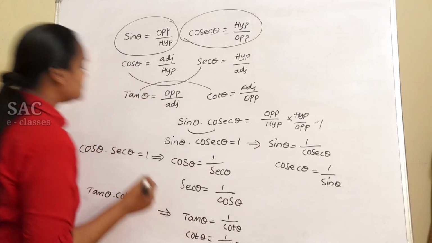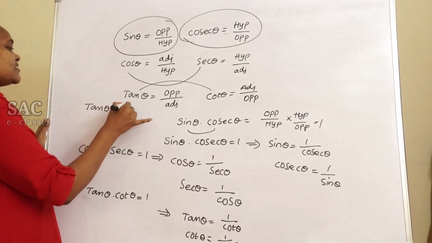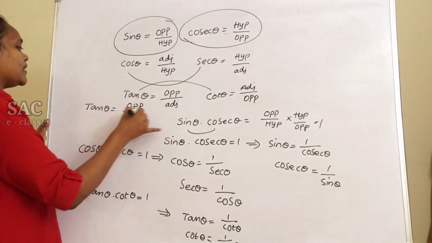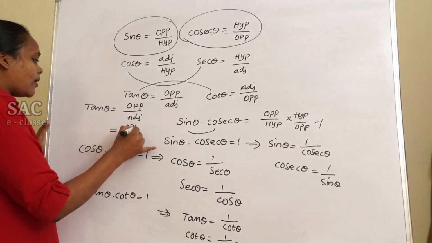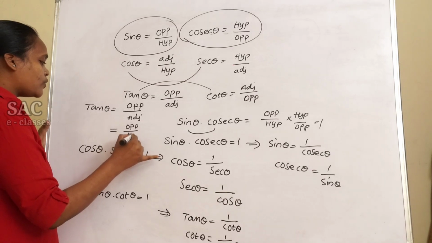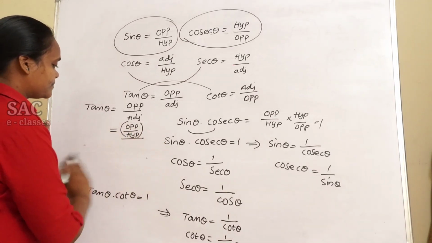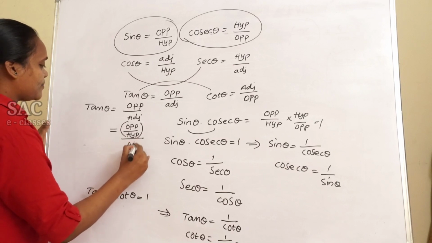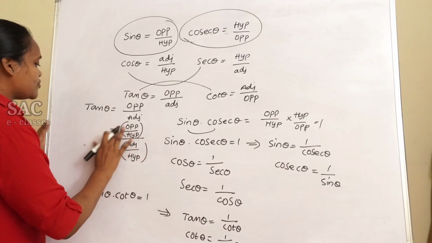And moreover, usually we know that tan theta is equal to opposite by adjacent. Then can we write opposite by adjacent as opposite by hypotenuse divided by adjacent by hypotenuse? Yes, because hypotenuse is a non-zero value.